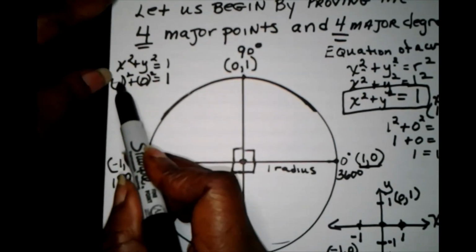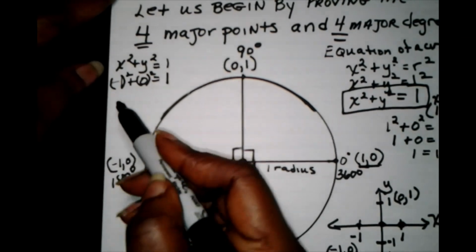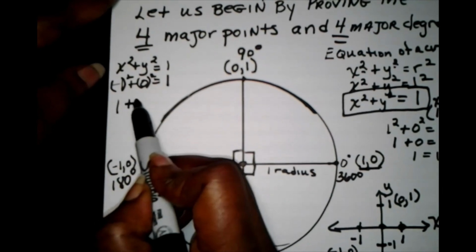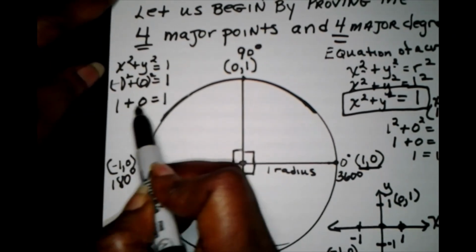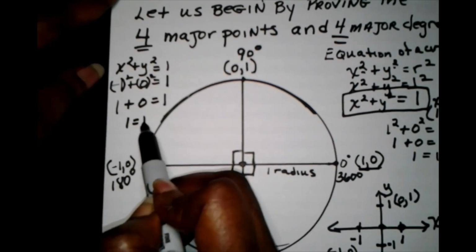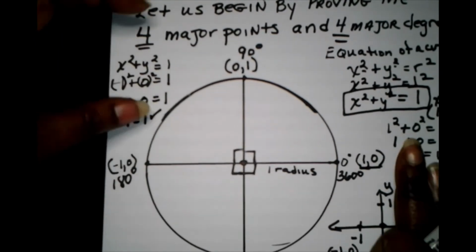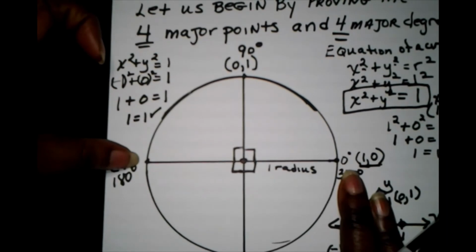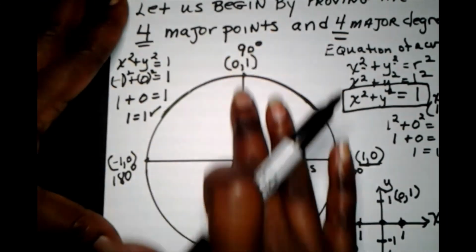Now what is a negative 1 squared? Negative 1 times negative 1, isn't that 1? Negative 1 times a negative 1 is 1. Plus 0 equals 1. So guess what? That works out also. So we have now proven 2 out of the 3 points on this circle. They definitely work.